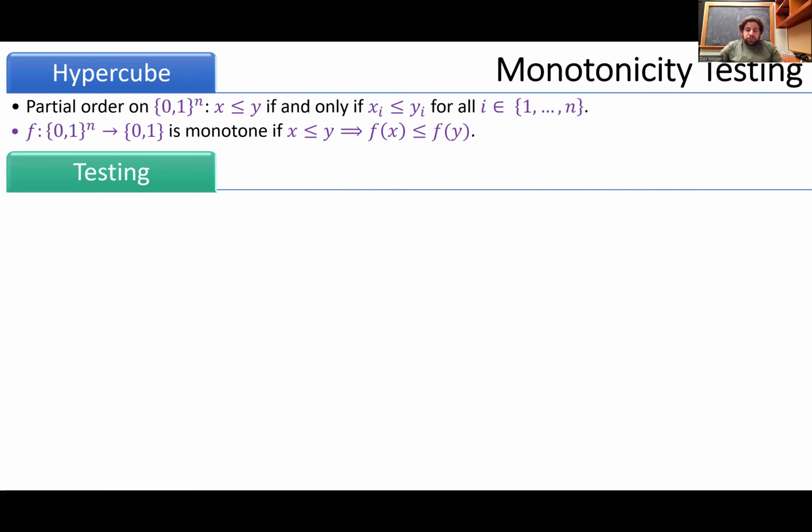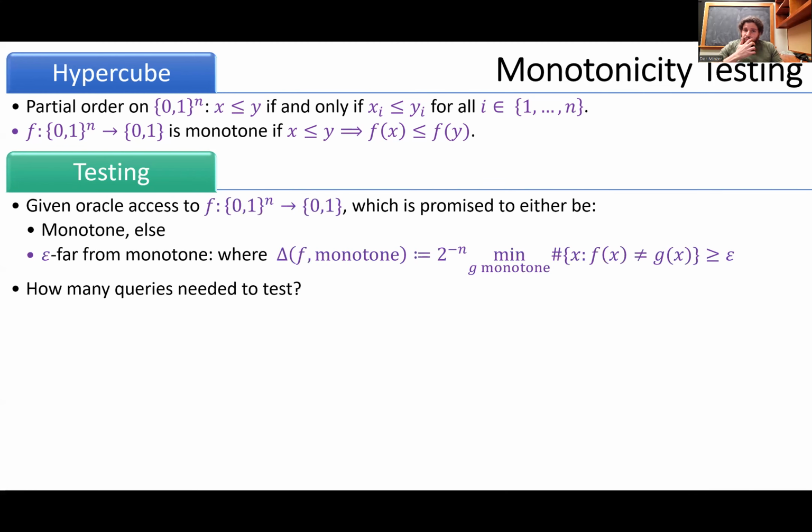And once you have the partial order and monotonicity, you can define the monotonicity testing problem. So in this problem, you are given oracle access to a function f, a Boolean function on the hypercube. And this function is promised either to be monotone, or else it's promised to be far from monotone.